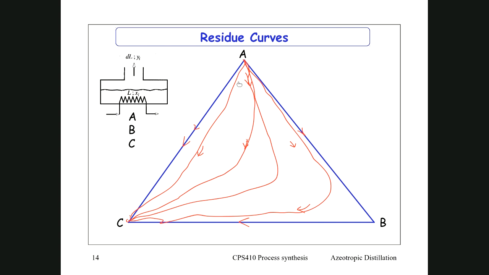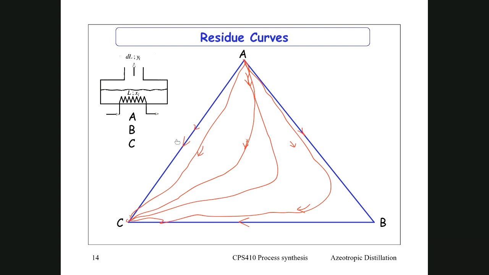So when I give you these examples in tests and exams, all I give you is this order of volatility, or I ask you to work out what is the order of volatility from vapor pressure data. And you should be able to derive, knowing that there are no azeotropes, what the shape of these curves are, because there's only one way of drawing in an infinite number of curves that don't cross each other.